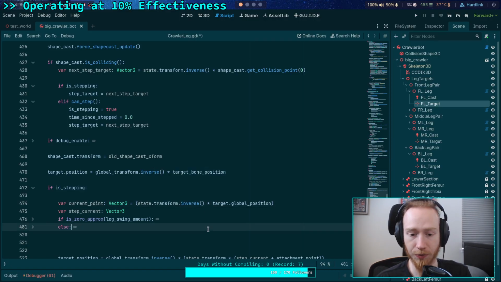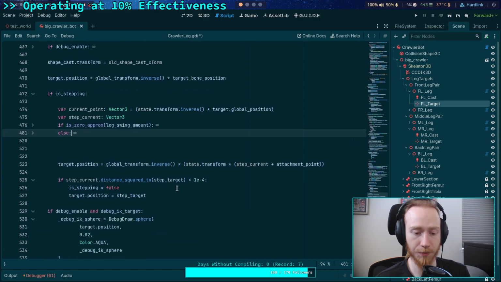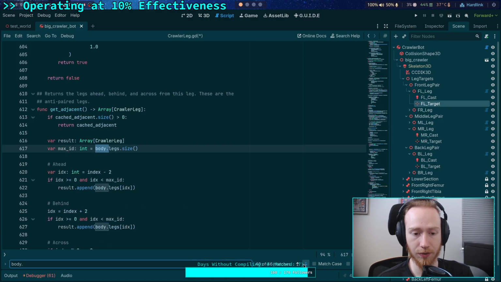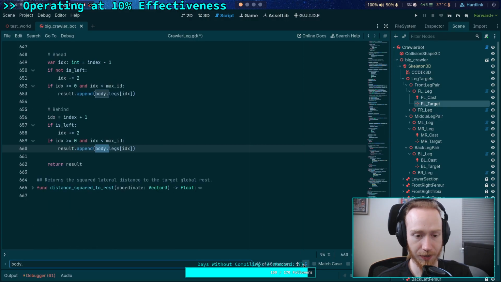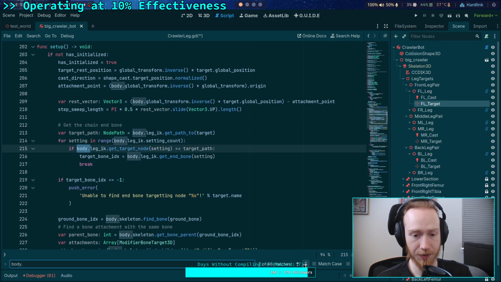So state transform inverse instead of using body. Let me check where I use that, because I should be consistent if I have state.